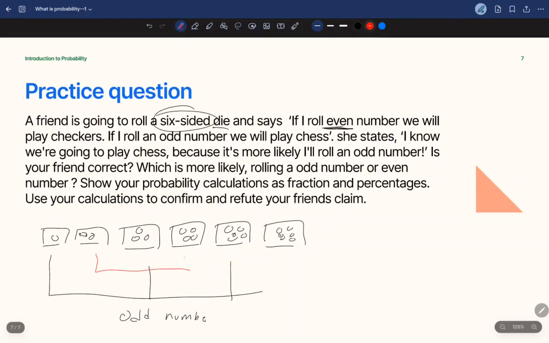While the 2, the 4, and the 6 are even numbers. There are 3 of both. The probability of an even number is 3/6, which is half.